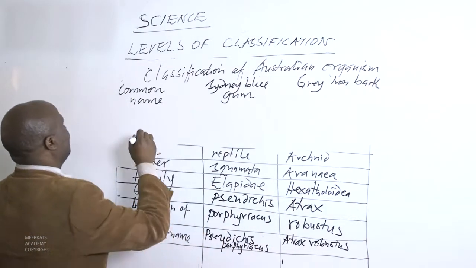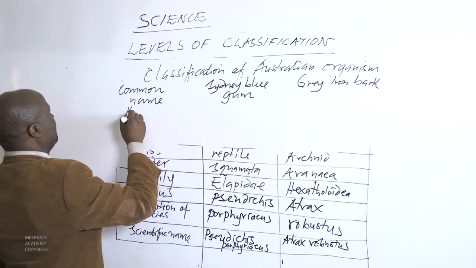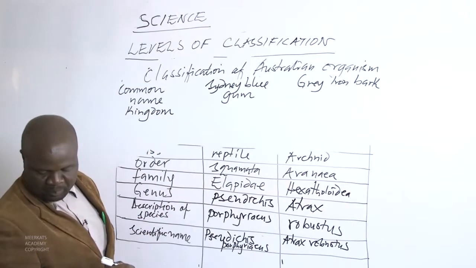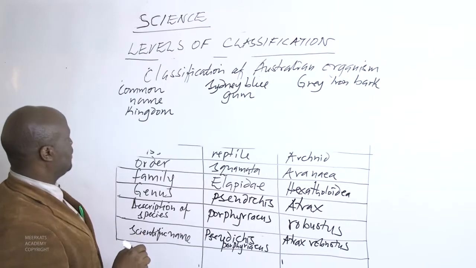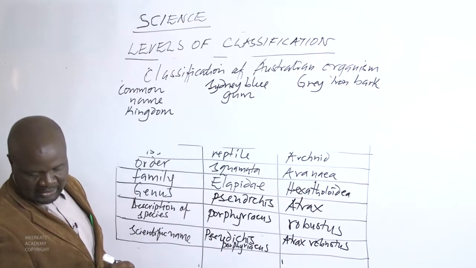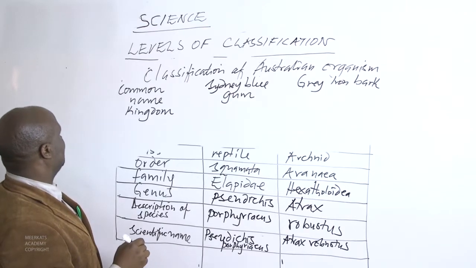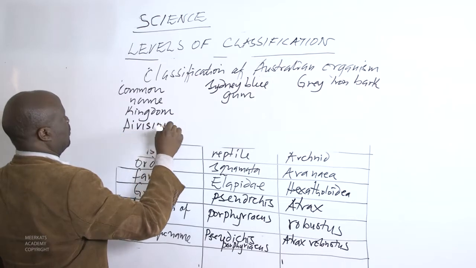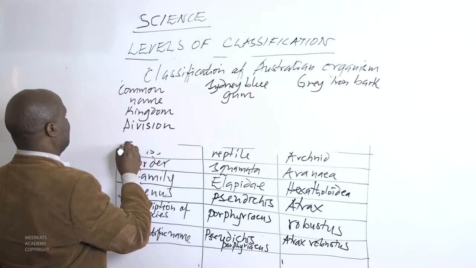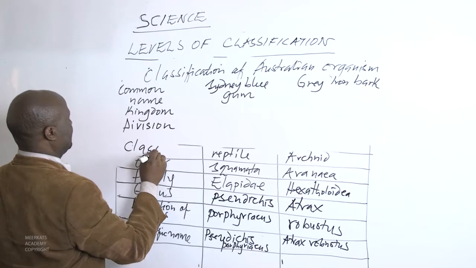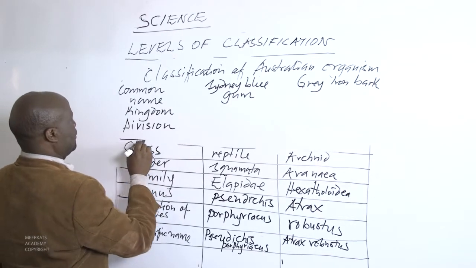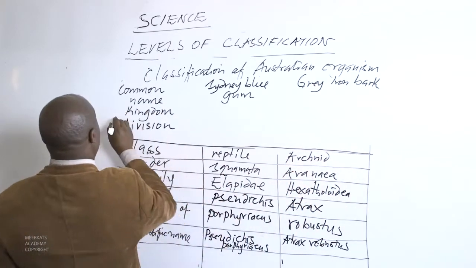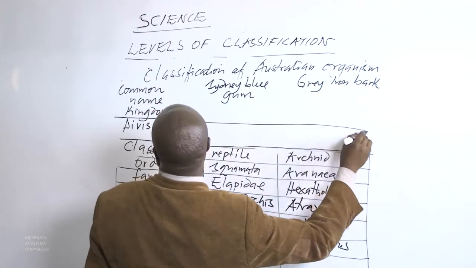So we shall have our kingdom. Then after kingdom, we shall not have the phylum, but instead we shall have the division. Then from the division, we shall have the class, and so forth. So we can maintain these lines.